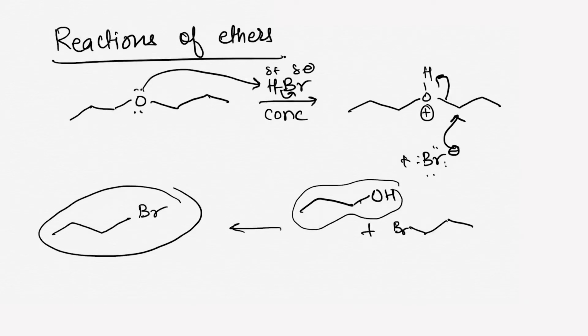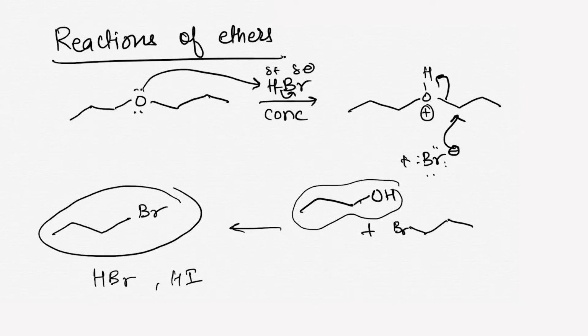When we use really concentrated solutions like these, you end up with the corresponding haloalkane as the final product. HBr and HI will do this kind of chemistry, splitting the ethers into two parts and converting them to the corresponding haloalkanes.